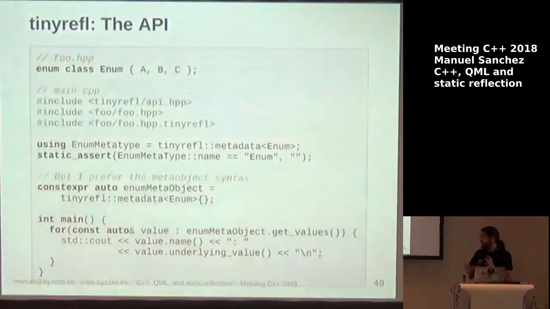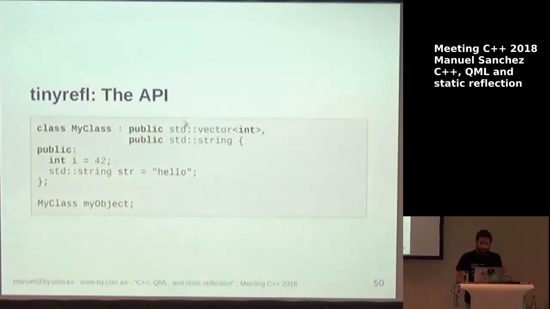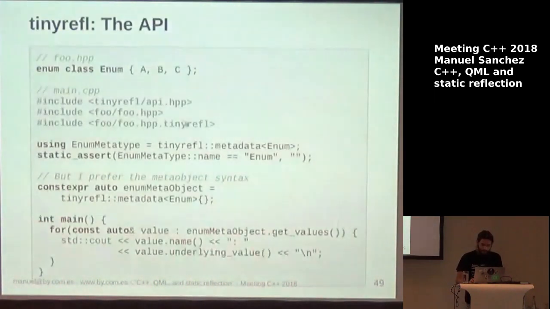This is what it looks like more or less using the API. You have a header here with an enumeration named enum. It's pretty original. And then you include the API, and then your header, and then the generated code header. The library expects it that way, because the generated code does not depend at all on the API.